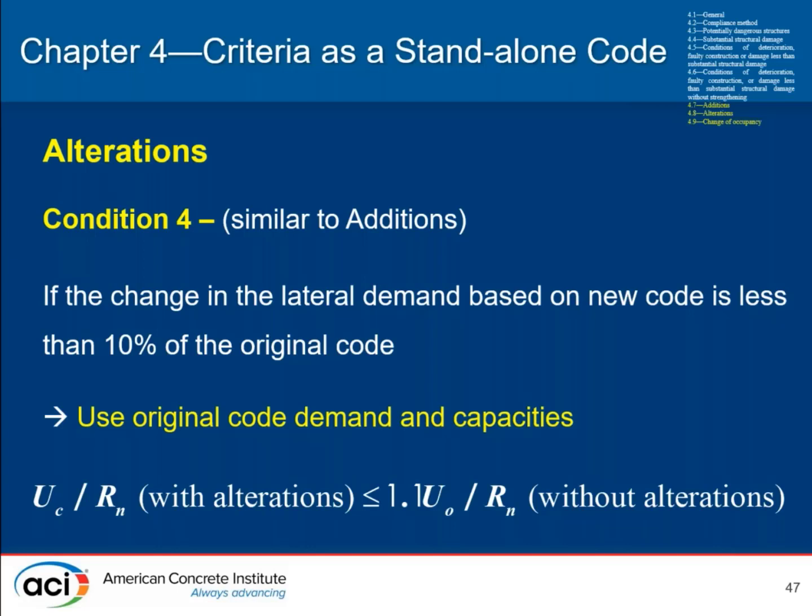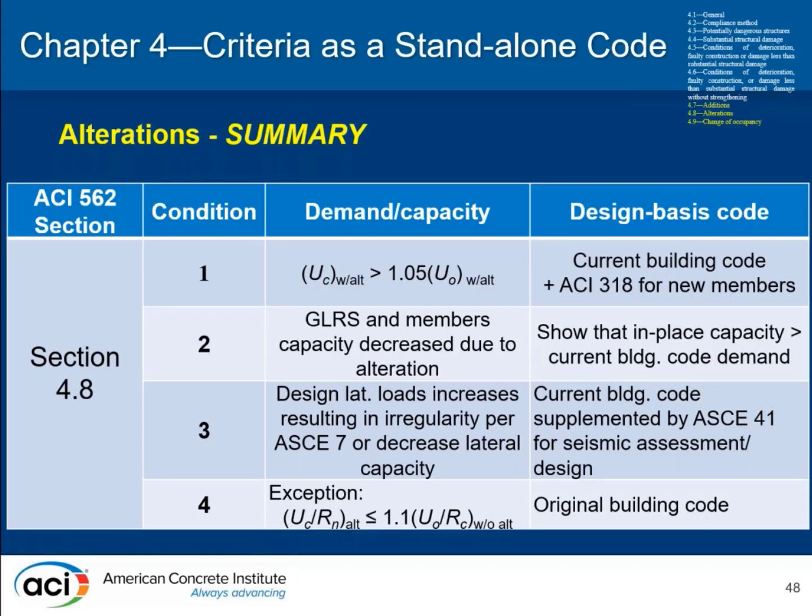If the new demand using the current code divided by the resistance with the alterations present is less than 1.1 times the original demand divided by the resistance without the alterations present, if you satisfy that equation, you can use the original code demand and capacities. And so there's another table very similar to the one that we saw for additions that summarizes those different cases.